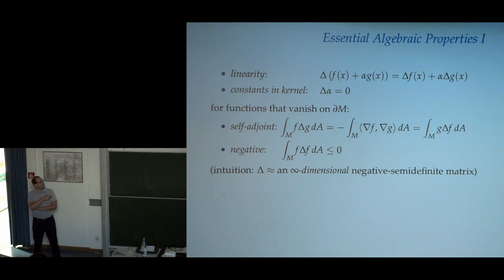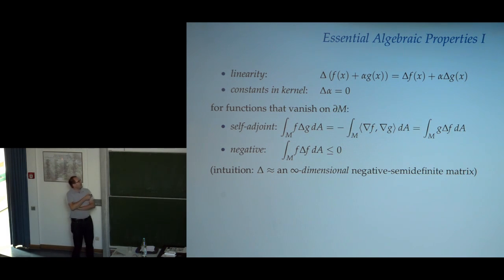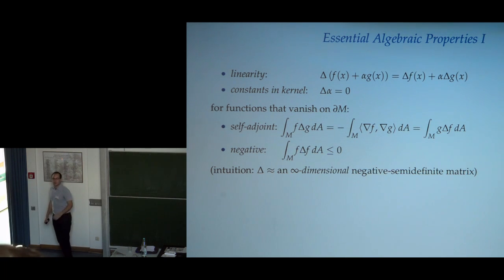And this equation just means that there's a nontrivial kernel to the matrix. If you plug in a constant, you get 0. So this intuition is very useful. Of course, this is not rigorous. This is not a rigorous statement. But it's intuitively true that you can think of the Laplacian as a generalization of a negative semi-definite matrix, just that it's infinitely big. This is very useful for thinking about things like the spectrum and so forth, which we're going to talk about later.